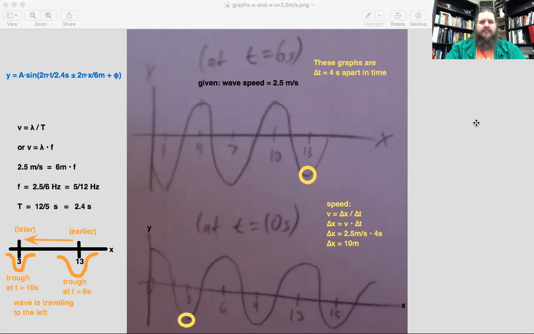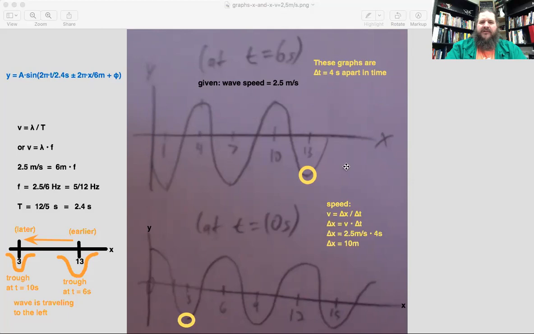What do you mean, the same point? Maybe instead of the problem telling you the wave speed, the problem tells you the trough at 13 on this graph and the trough at 3 on this graph are really the same trough. Then we just proceed exactly the same way we just did.